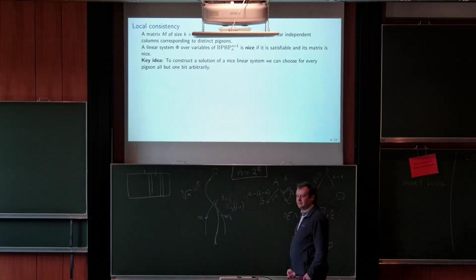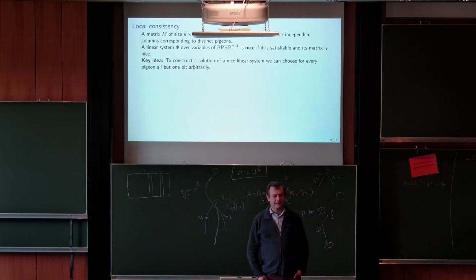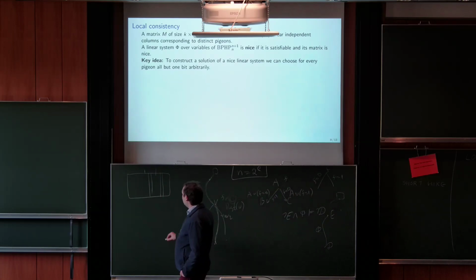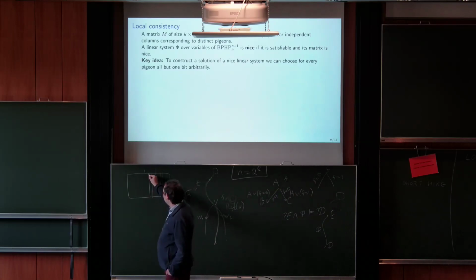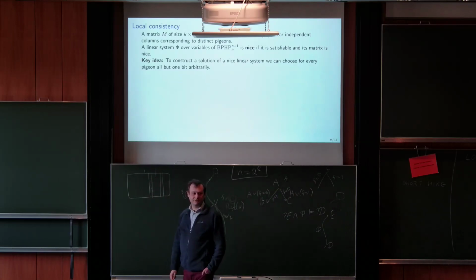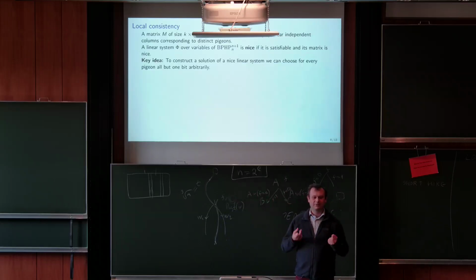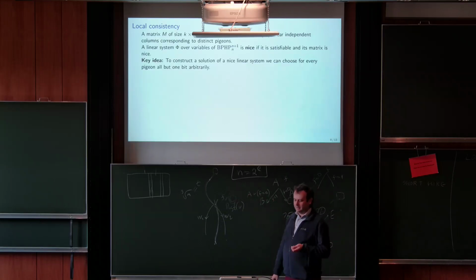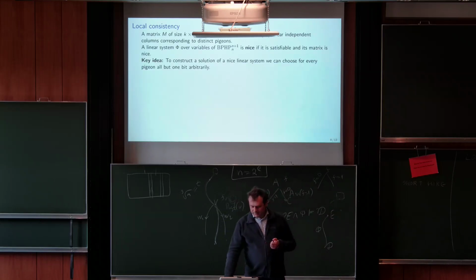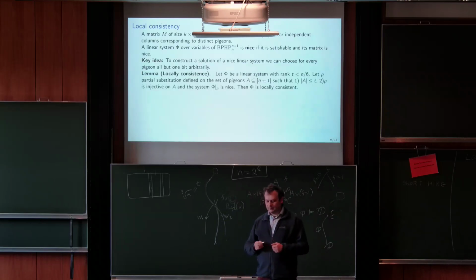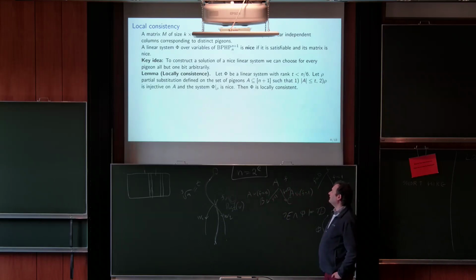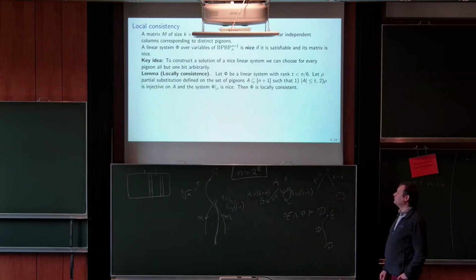The key idea is that to construct a solution of a nice linear system, we can choose arbitrary values for all bits, except those bits corresponding to this basis. And after that, the bits of elements of the basis are uniquely determined. Okay, and using this, we can show that a system is locally consistent as follows.